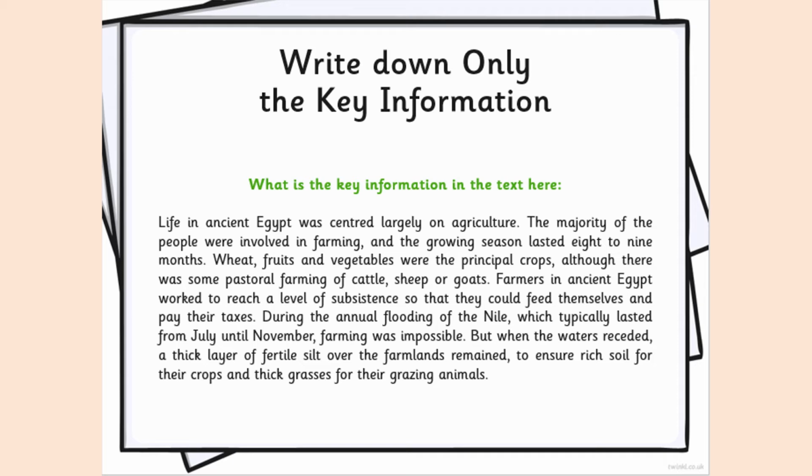Farmers in ancient Egypt worked to reach a level of subsistence so that they could feed themselves and pay their taxes. During the annual flooding of the Nile, which typically lasted from July until November, farming was impossible. But when the waters receded, a thick layer of fertile silt over the farmlands remained to ensure rich soil for their crops and thick grasses for their grazing animals.